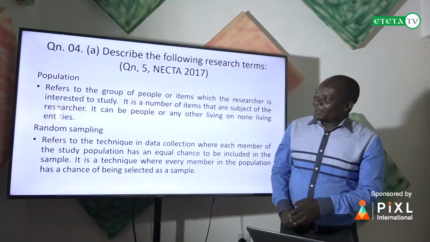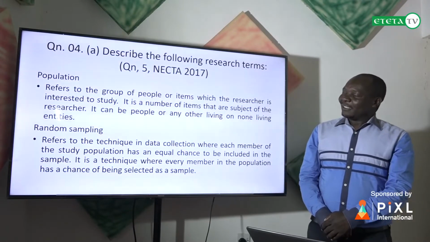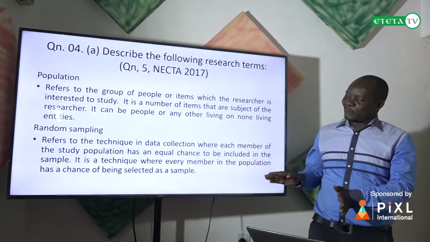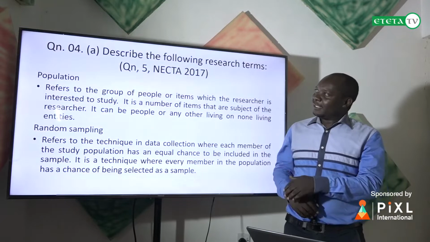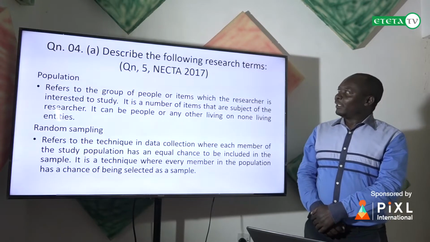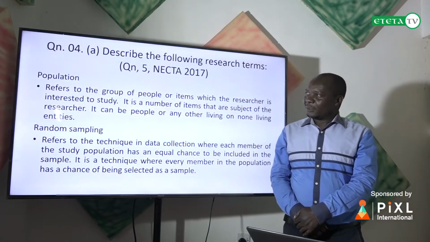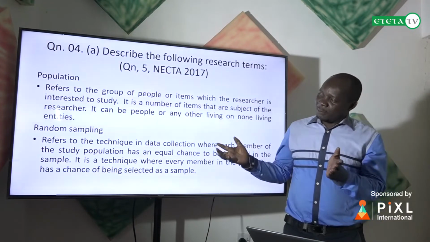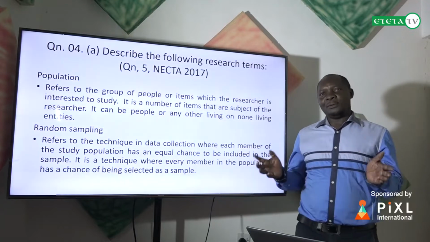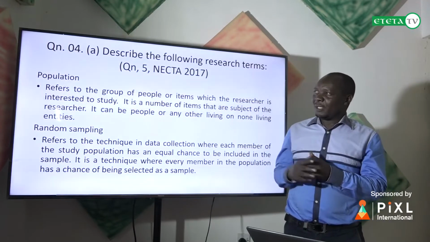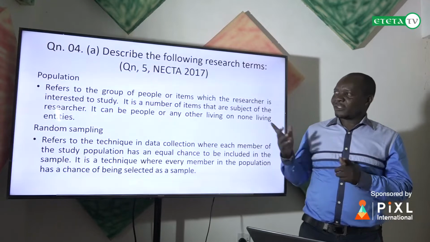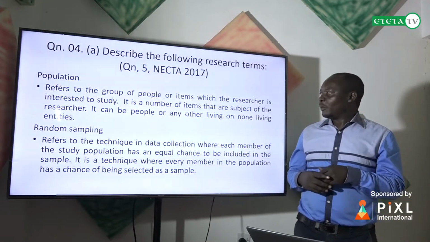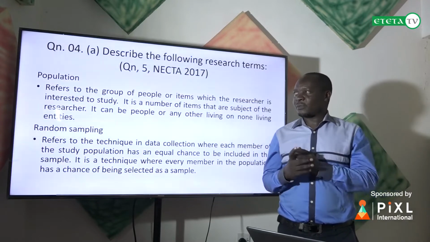So we are going to question number 4, that is NECTA 2017, and it also has 2 parts. Part A, describe the following research terms. As a candidate, you should be able to describe thoroughly these terms as they are used in research. Term number 1, population. In research, population refers to the group of people or items which the researcher is interested to study.